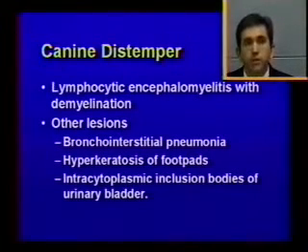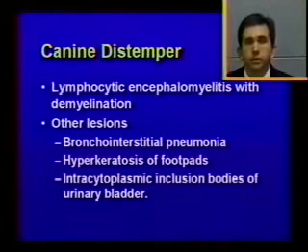In addition to the bronchointerstitial pneumonia, these dogs may have thickening of the foot pads. The reason being that this virus localizes in the epithelium of the skin and can cause it to proliferate. And so these dogs, in a very severe form of the disease, would have thick foot pads, and the nasal planum, or the tip of the nose, would also be thickened.